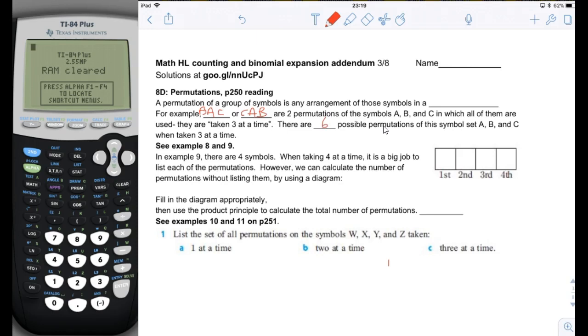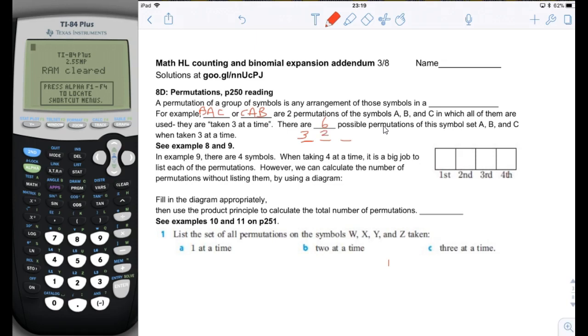And the way you can find that is you have 3 separate positions that you want to arrange the letters in. In the first position, you have 3 choices. You could choose A, B, or C. Once you've chosen one for the first position, for the second position there are 2 letters left, so you choose one of the 2 remaining letters.